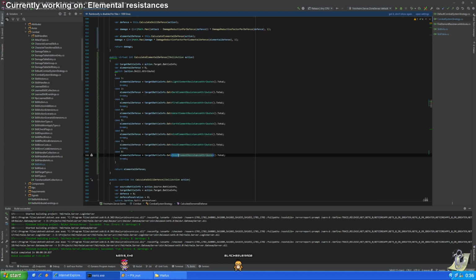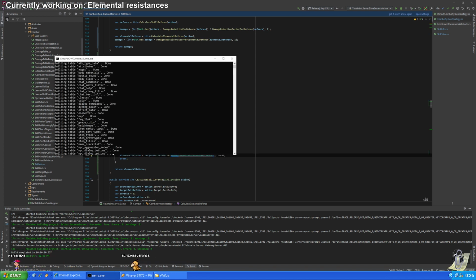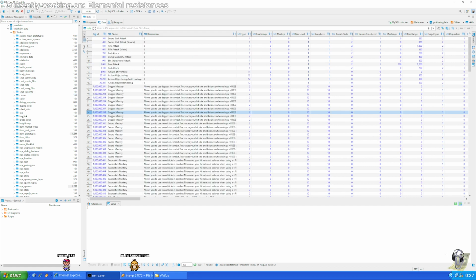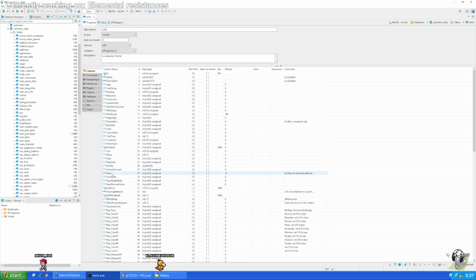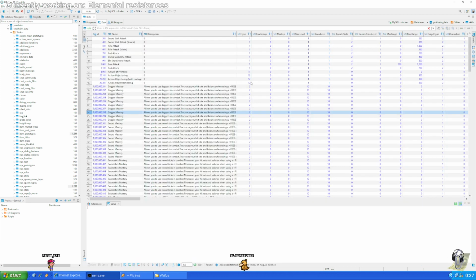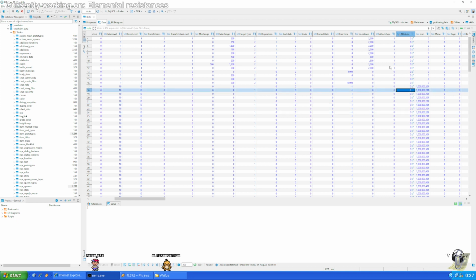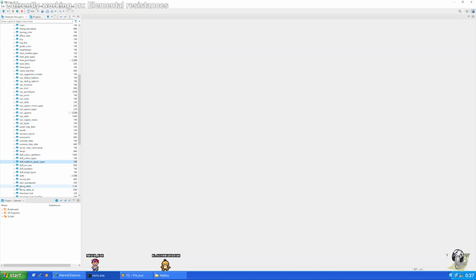So now it should work. So we export it to the database. And then we reload this table. Yeah. But it's not working properly.